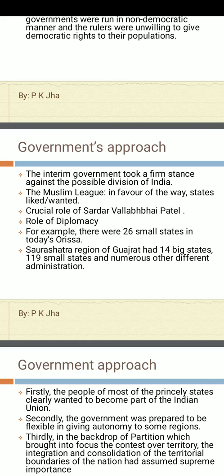He played an instrumental role in a very crucial period, and he was the Home Minister during this period. After independence, he played a historic role in negotiating with the rulers of princely states firmly but diplomatically and bringing most of them into the Indian Union.